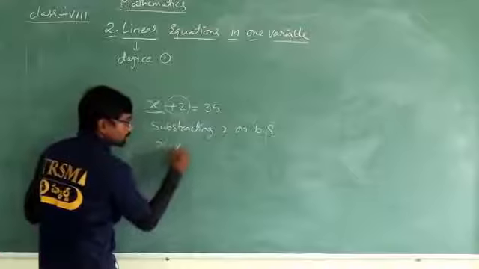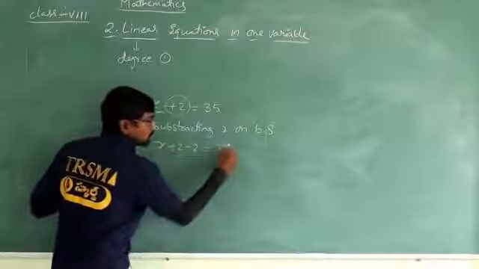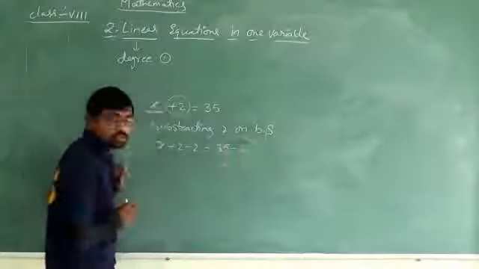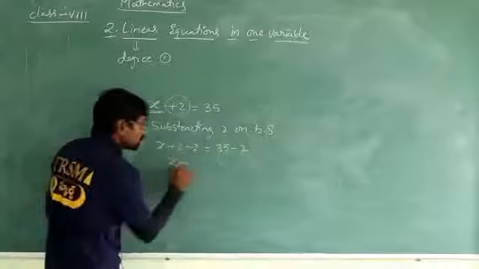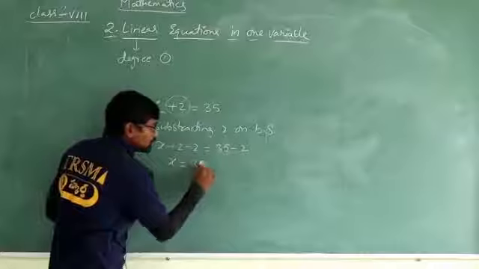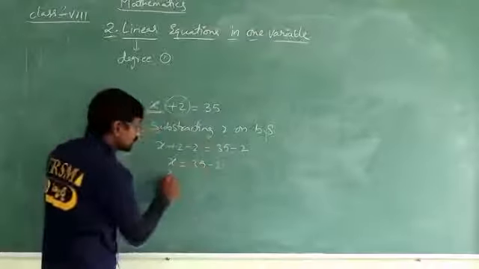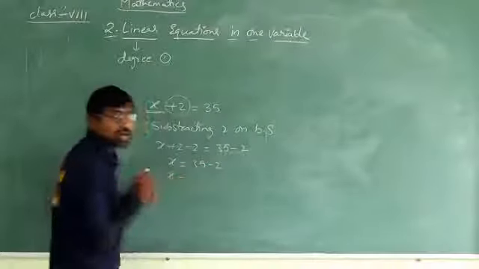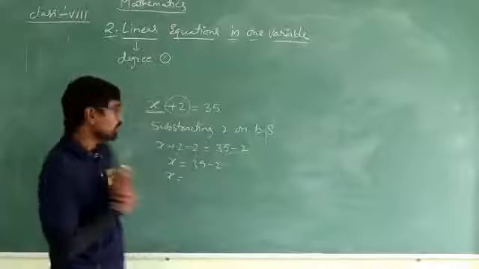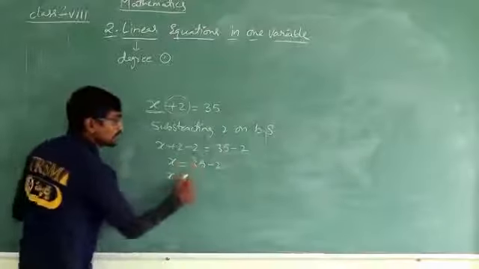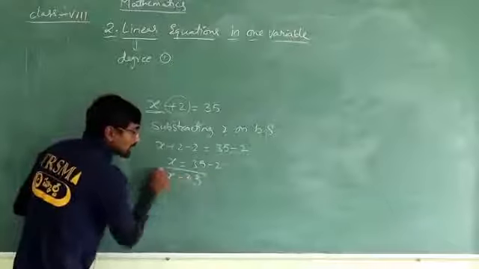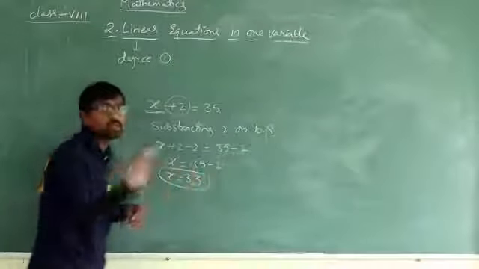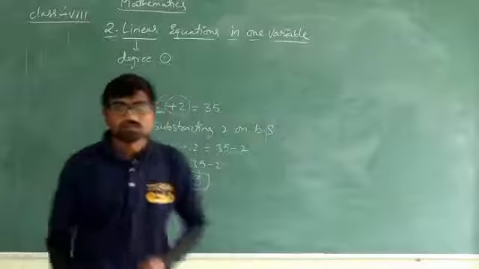So x plus 2 minus 2 is equal to 35 minus 2. Plus 2 minus 2 becomes 0, so the remaining is x is equal to 35 minus 2. Subtracting 2 from 35, I will get 33.